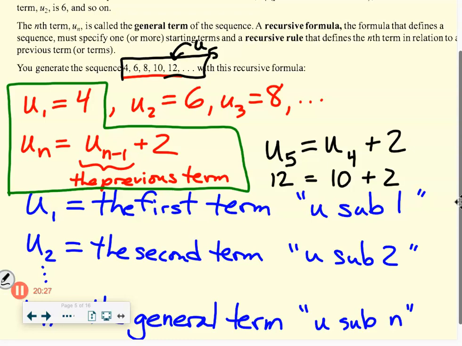Because you're taking your term number and going to the one right before it, minus 1. So if it wasn't u sub 5, say it was u sub 35, then the 35th term equals the 34th term plus 2. You could stick any term number in there that you want. Does that help a little bit? It's making sense? All right. Good.